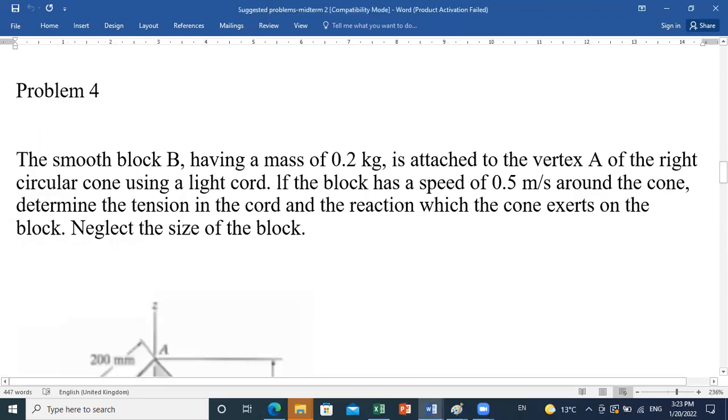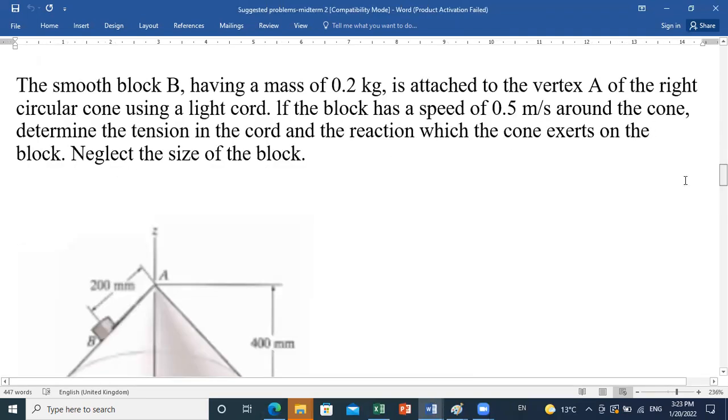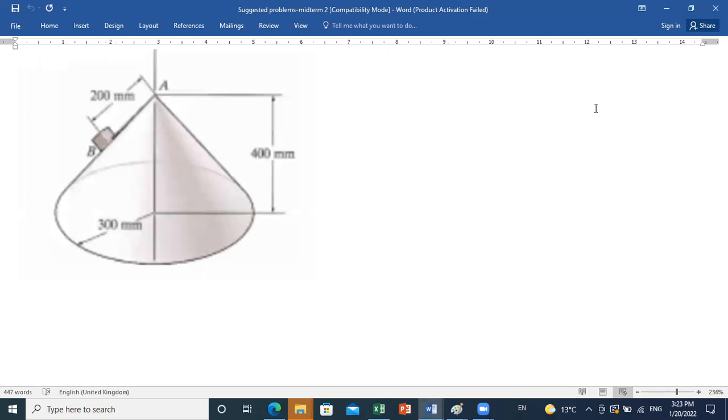Okay, so if you look at your cone here, first, this is your tension force. And this is your UN direction. If you want to find the angle between these two, you can look at your figure and calculate this angle. I will call this angle alpha. How can I calculate alpha?